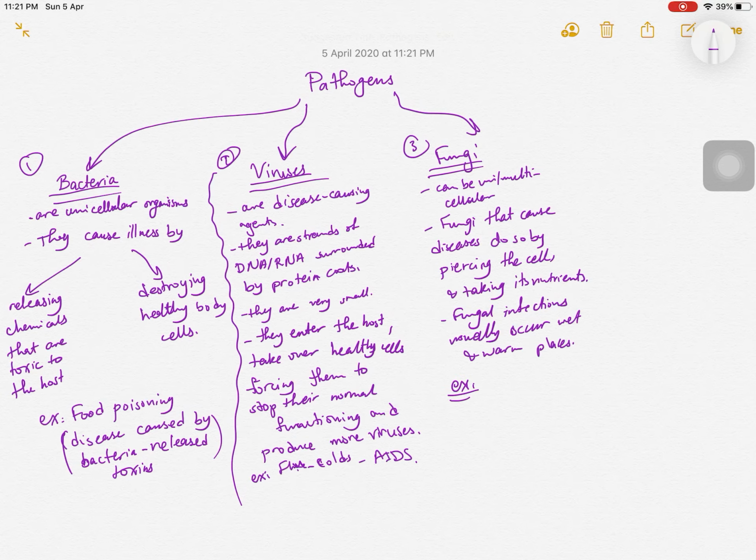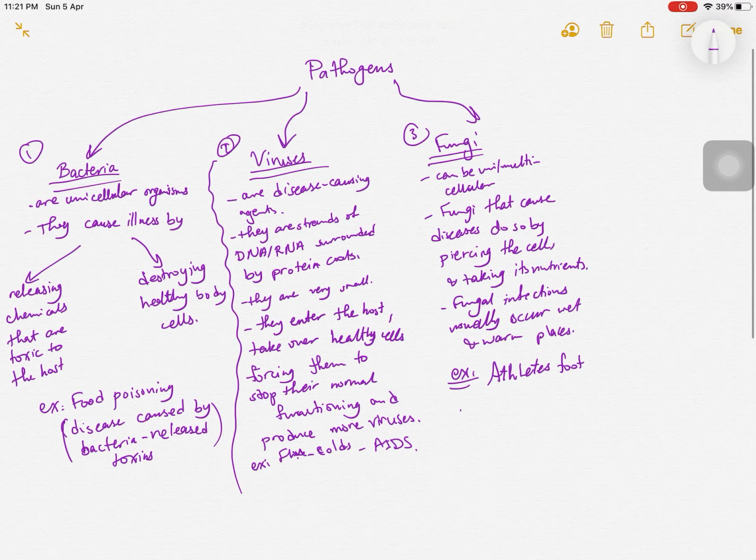An example of a disease caused by fungi is athlete's foot. The fungus here invades the skin cells between the toes.